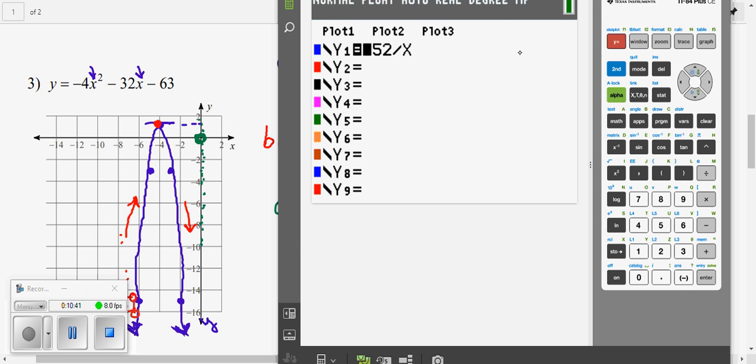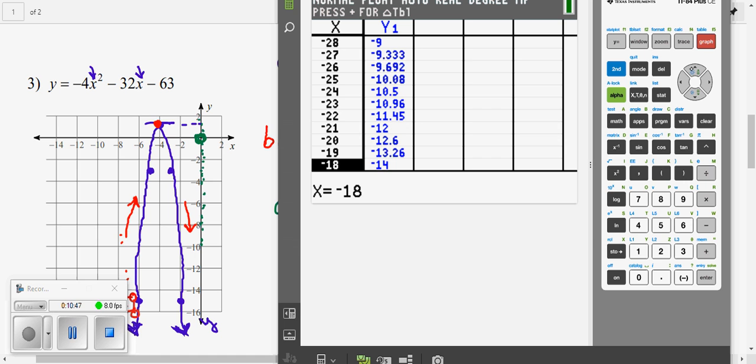252 divided by x. So the number you want to be factored divided by x, you hit second and graph. And every single row in these columns represents factors of 252.